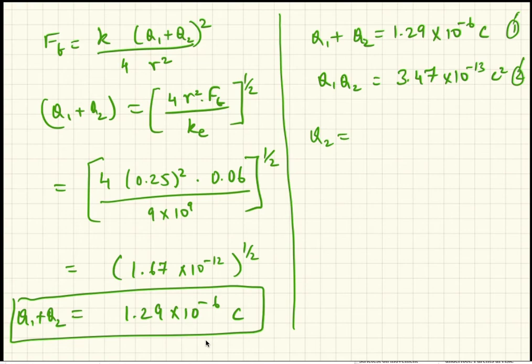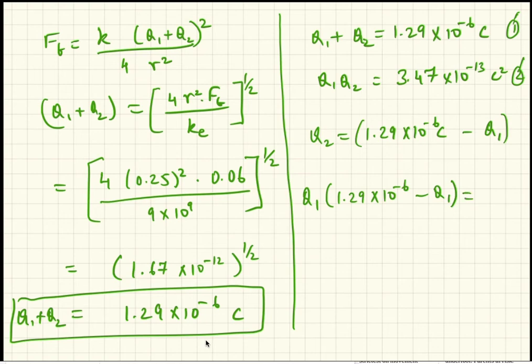Q2 is 1.29 times 10 to the minus 6 minus Q1. So Q1 times (1.29 times 10 to the minus 6 minus Q1) is equal to 3.47 times 10 to the minus 13.